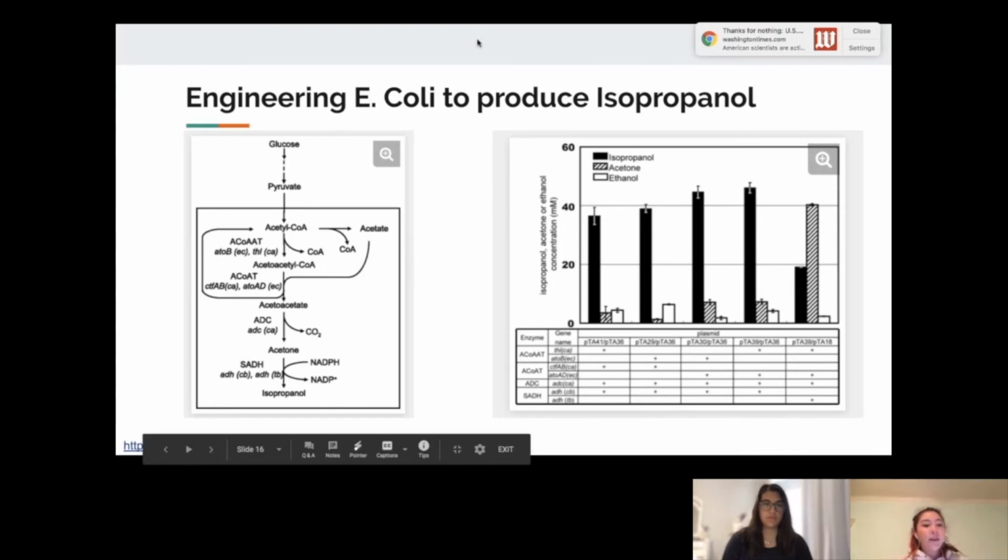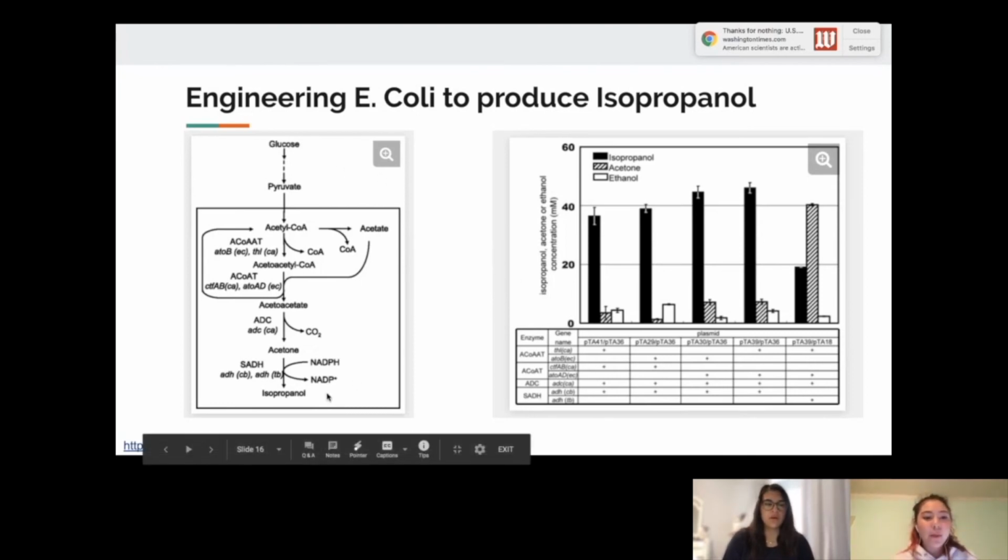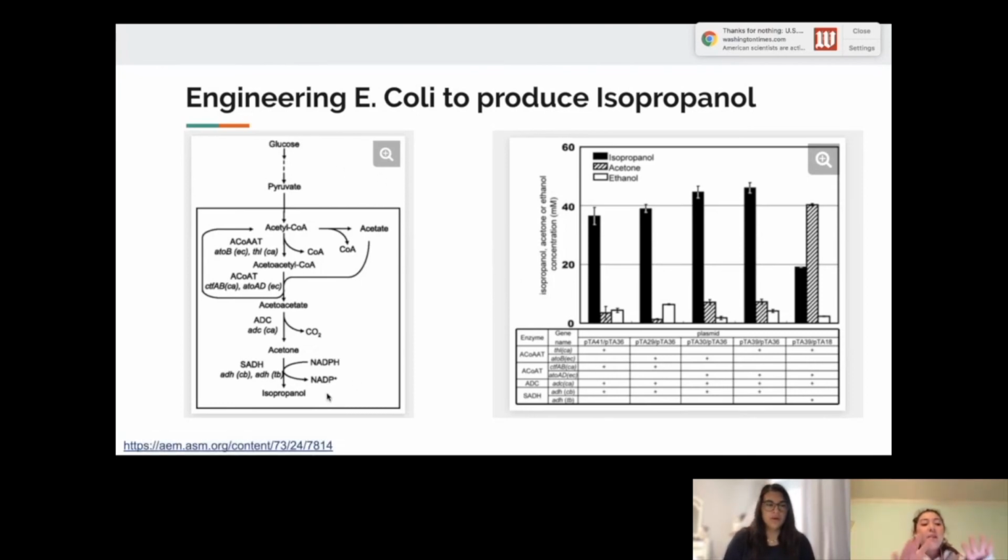If you look at the graphic on the left of the slide, you can see a pathway from glucose to isopropanol. In general, this is a modified pathway for E. coli.